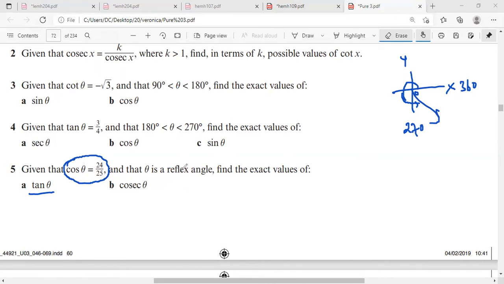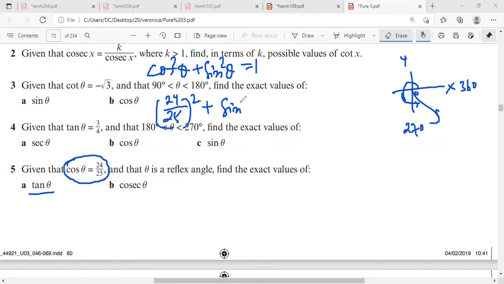Because it is positive. Now, if cos is given and we are asked tan and cosec, I think from cos we can find sine, because we know cos square theta plus sine square theta is equal to 1. I know cos square theta plus sine square theta equal to 1, and I'll put this value here. 24 by 25 square plus sine square theta is equal to 1. Square of 24 is 576, I guess.